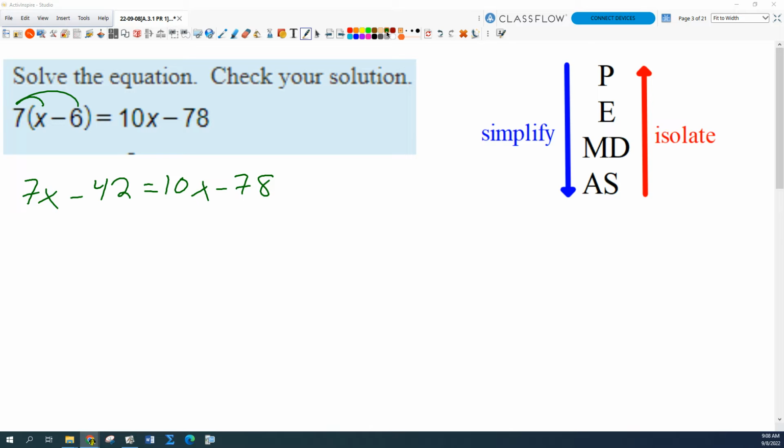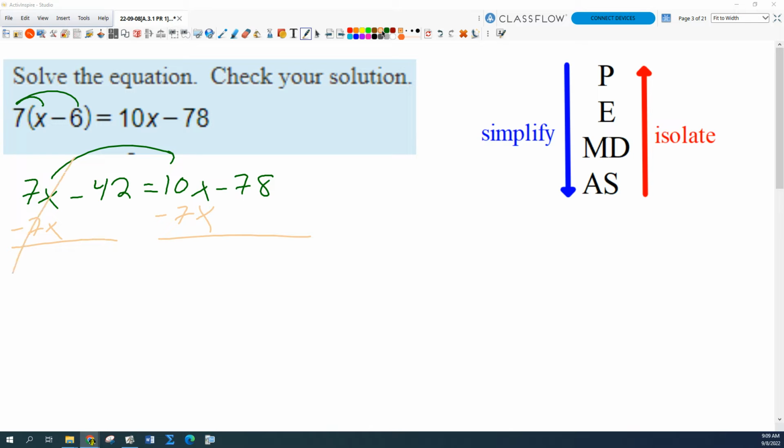We want to push the x's to the right this time instead of the left. How come? Why is it better to move the x's to the right than the left? It would work both ways, but it's better to move them to the right. Okay, good. So I get a positive coefficient of x. I always want a positive number of x's, right? So to accomplish that, I'm going to move the x over to the right, and I do that by simply subtracting 7x, as you all know.